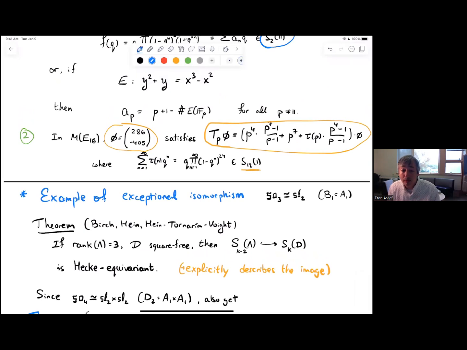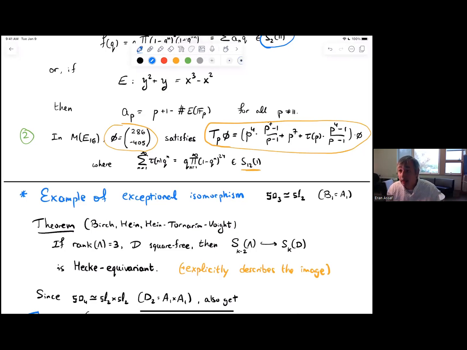But it's the theorem of Birch, Hein, Tornaría, and Voight that for rank 3 lattices, one can make this very precise. And for example, if the discriminant is squarefree, you really get a Hecke equivariant injection from orthogonal modular forms for this lattice lambda to classical modular forms of level corresponding to the discriminant. And they explicitly describe the image.